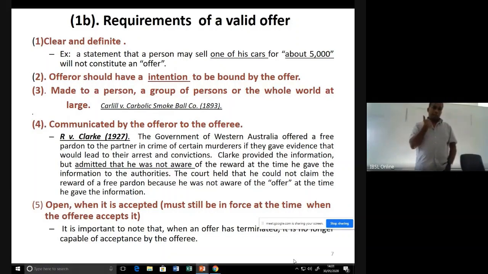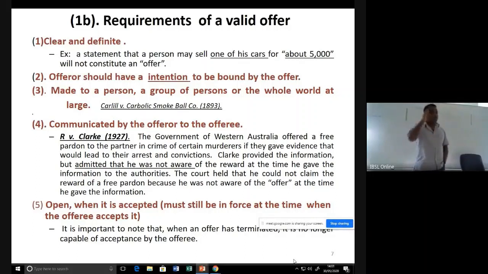You have pardoned me. So what was the argument of the government? The government said, we have made the offer, but the offer has not been communicated to you. At the time you gave this information to us, you were unaware of this pardon.